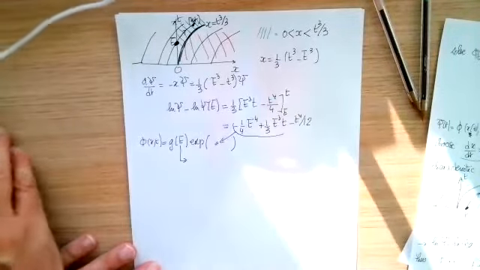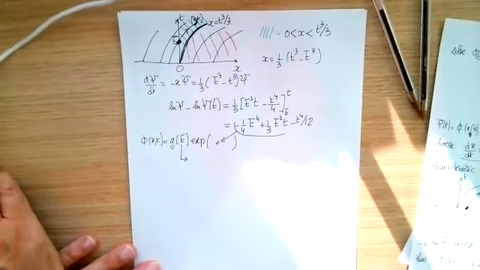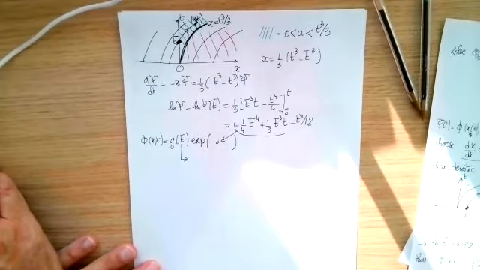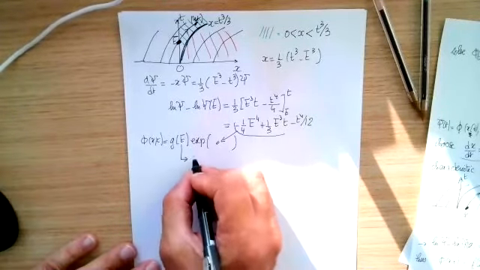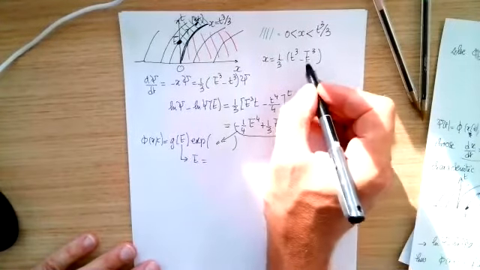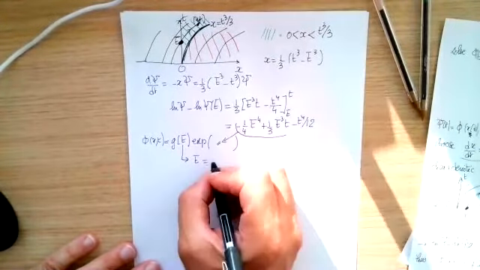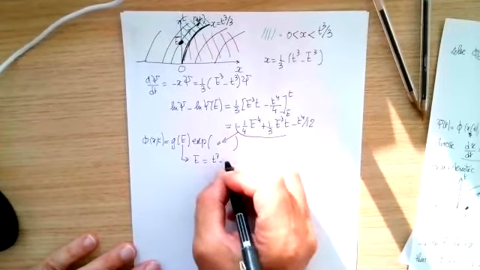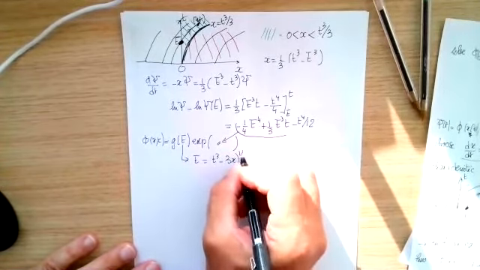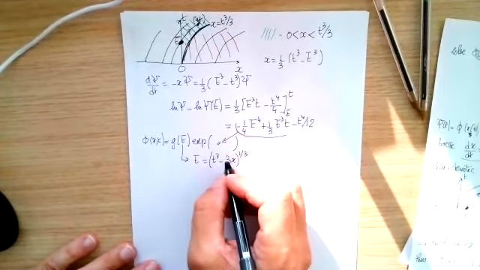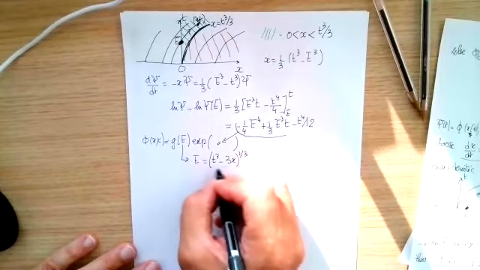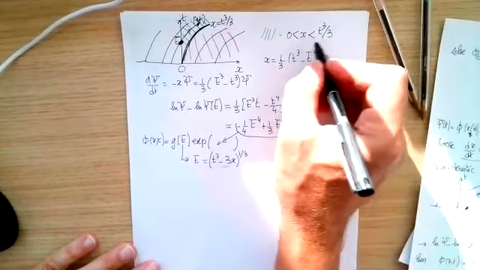So t bar is simply, from there, t cubed minus 3x to the power 1/3. And this guy is positive because one is in this region.